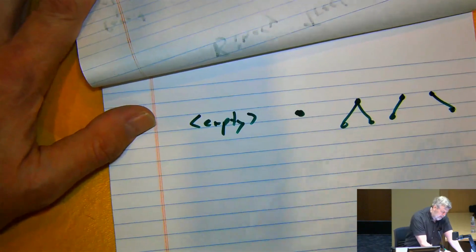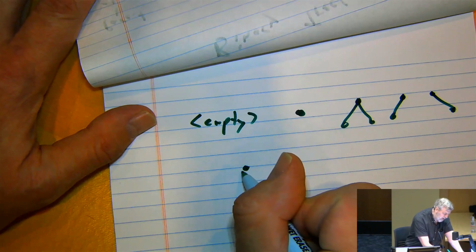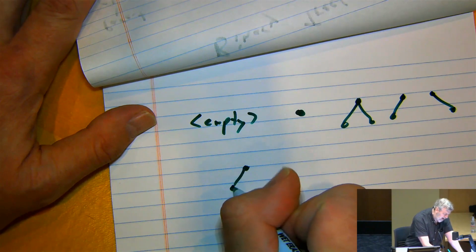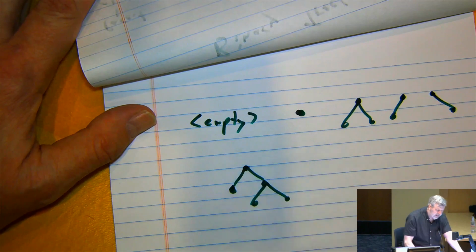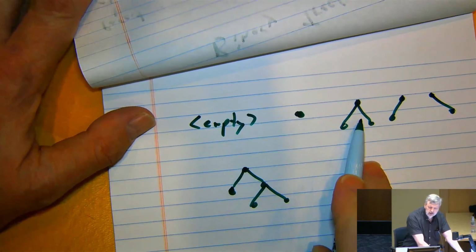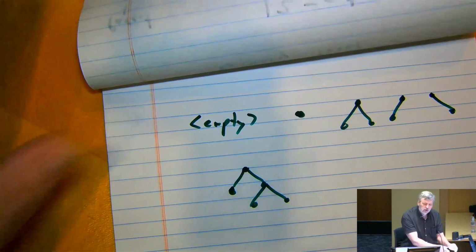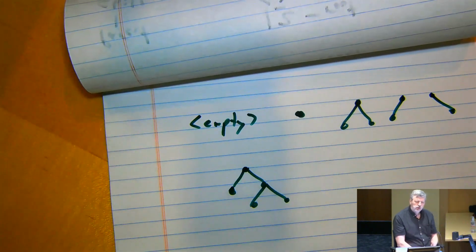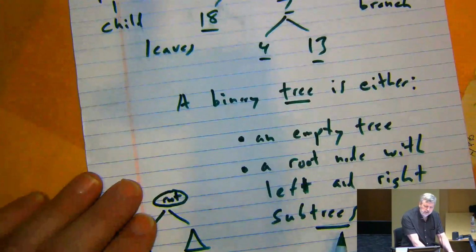And then once I have these possibilities, I can have something like a root node here, and off to the left I have a leaf node, off to the right I have that structure right there. So I can pick this as being off to the right, I can pick this as being on the left. So there are all sorts of combinations that you can generate using that basic definition right here.